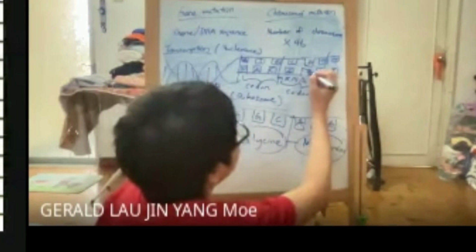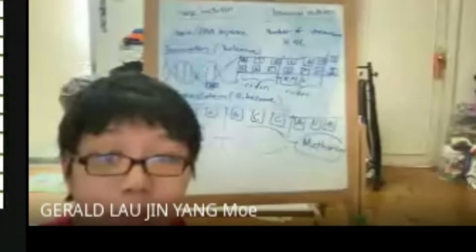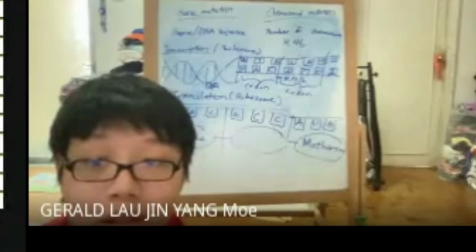C. Good. mRNA C. When mRNA C, look at the amino acid table, GCC akan produce apa? Dia bukan produce glycine dah. Dia akan produce GCC akan produce alanine. Dia akan produce alanine.